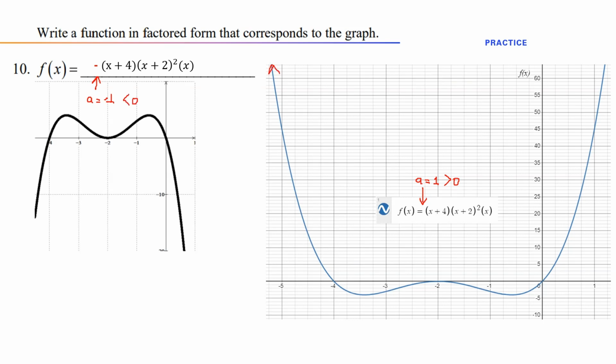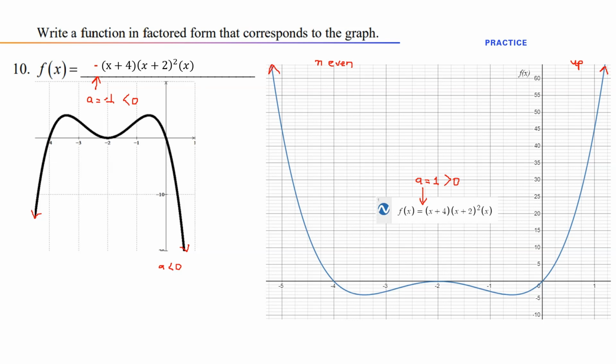Both left and right ends up, so a is positive. Both left and right ends down, a is negative. And also we're checking for n. We said it's the same directions for left and right end, so it has to be even.